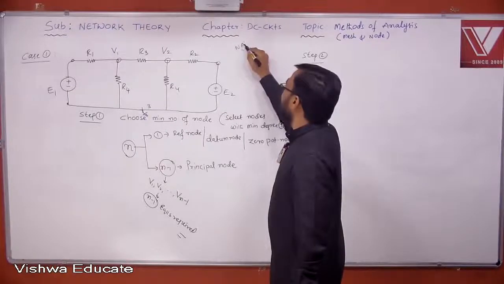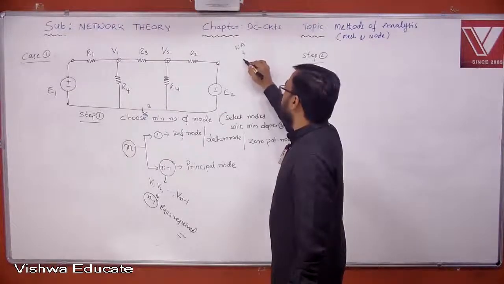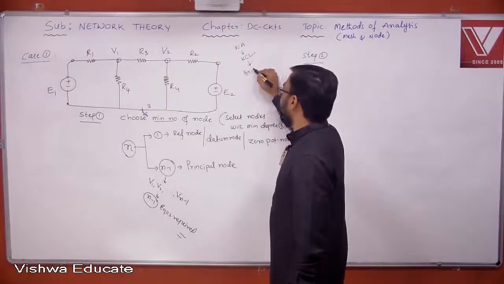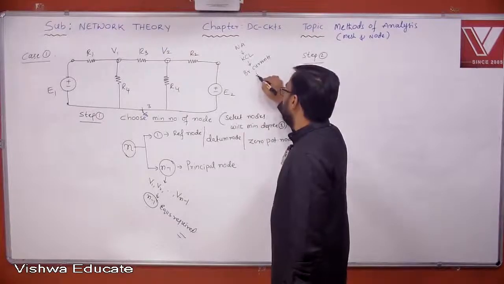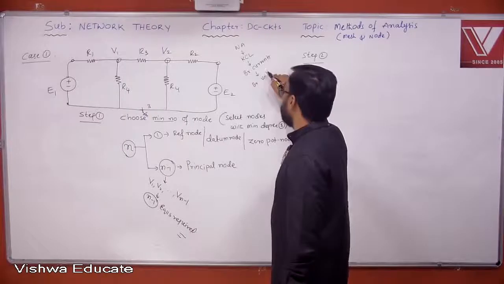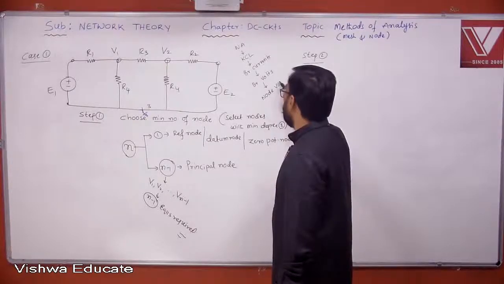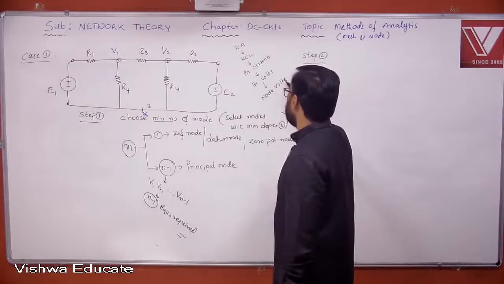Node analysis deals with what? Kirchhoff's current law. KCL requires the algebraic sum of branch currents, yes or no? To find branch currents, you require branch voltages. Branch voltages are expressed in terms of node voltages. I think you understand this.